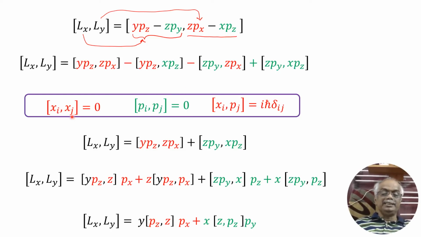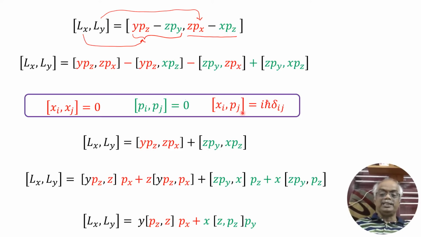Now there are well-established rules. The commutator of xi with xj is equal to 0. That is, any components of position will commute with each other. Similarly, the commutator of pi with pj is equal to 0. That is, the x component of momentum will commute with the y and z components, and the y component will commute with all other components. So this is always equal to 0.